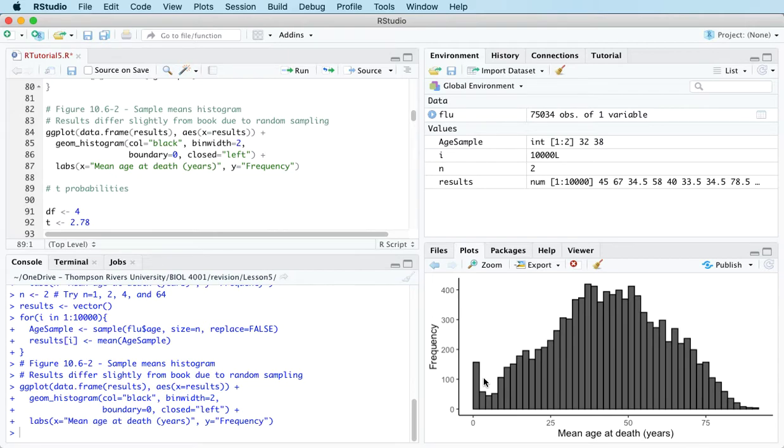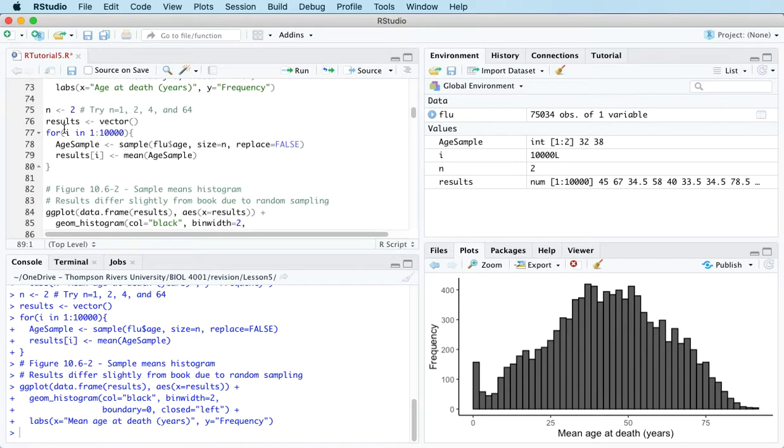We had lots of infants dying, and so we can imagine in our samples, a lot of the samples are going to have a 0 in them, and so that's why we're getting this peak on the left. So this peak in particular is representing samples where we happen to get 2 infants in our sample. But otherwise, it's starting to resemble a normal distribution.